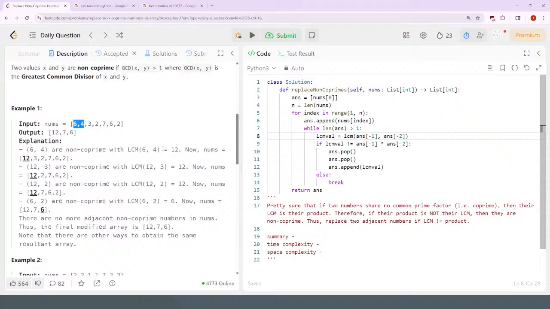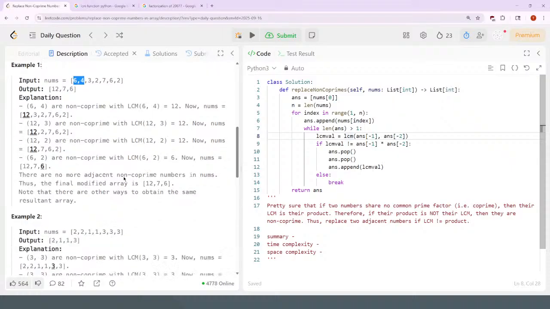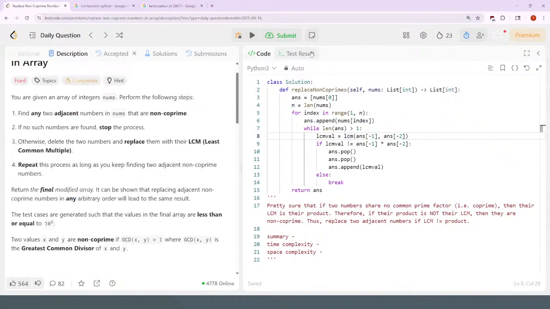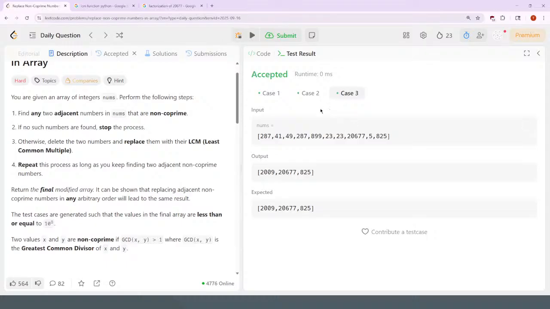But then the issue is, like in this one, it gets stopped here, and then 899 combines with the 23. No, sorry, 899 doesn't combine with the 23 at all.